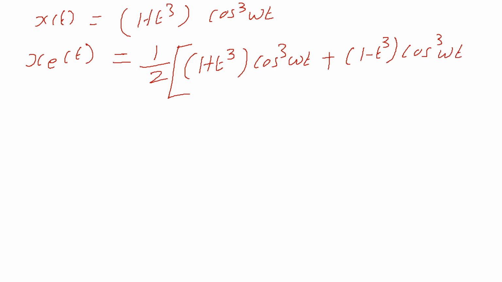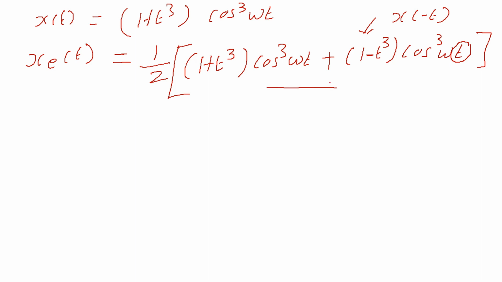Why? This particular part is x of minus t, so that's why this minus came here. And here this is also a time part, but cos of minus t is nothing but cos t. So that particular minus does not make any sense, so that will vanish. So this is the equation of it.